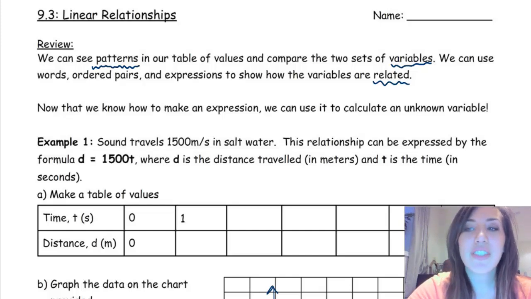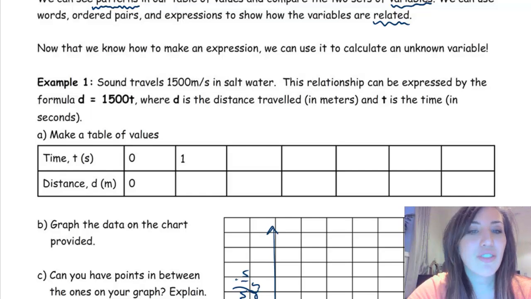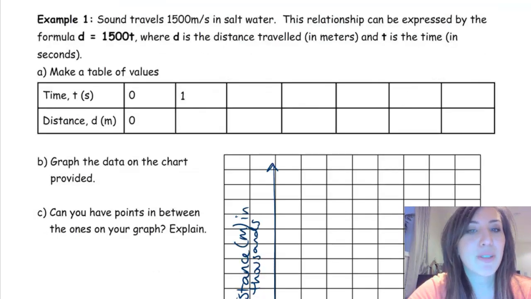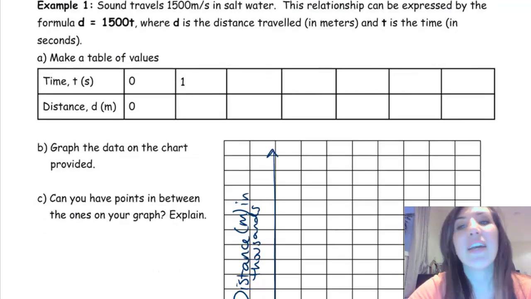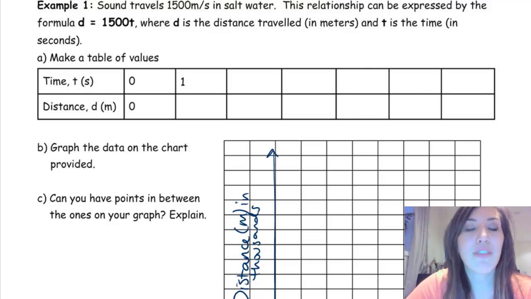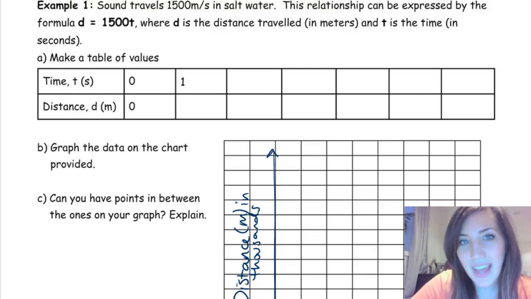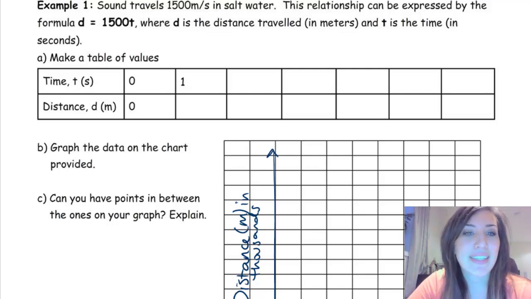So let's look at our first example. Sound can travel 1,500 meters per second in salt water. This relationship can be expressed by the formula D equals 1,500 times T, where D is the distance that the sound travels in meters, and T is the time in seconds that it takes. So make a table of values.